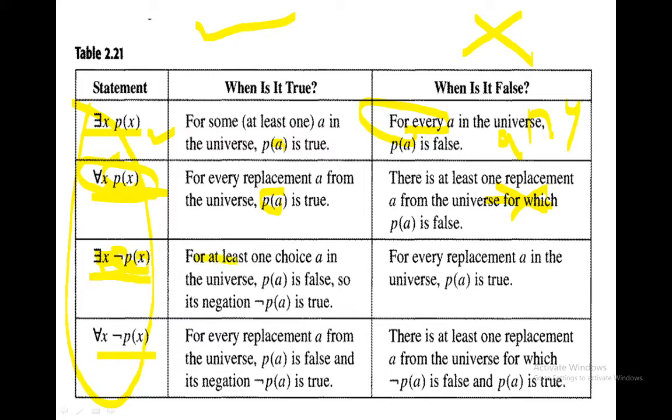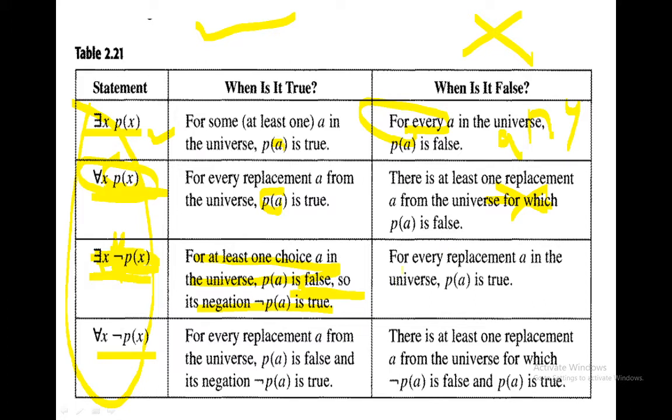Means for at least one choice a in the universe, p of a is false, then its negation, negation of p of a, is true. Do not get confused here. P of a must be false, then only it is true, because in the statement we are going to have a negation. If negation is there, that should be false, then I can say it is true.